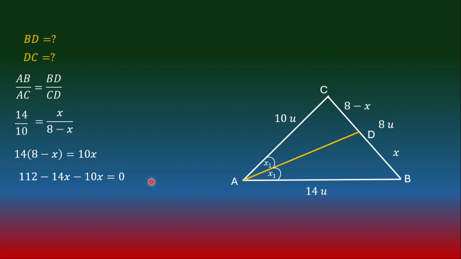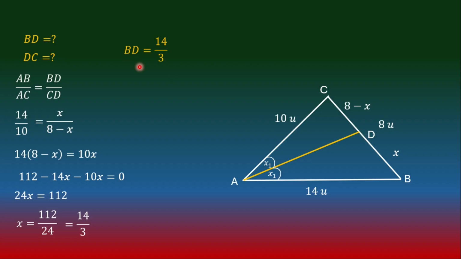And then taking this to this side becomes negative, and I cancel the negative to get 24x equals 112, and dividing both sides by 24 gives me this, and this in fact I can simplify to 14 over 3. So that's the value of x, which is also the length of segment BD.